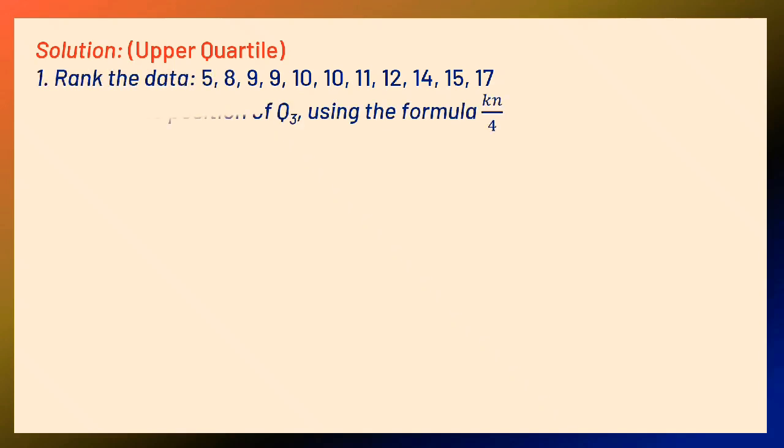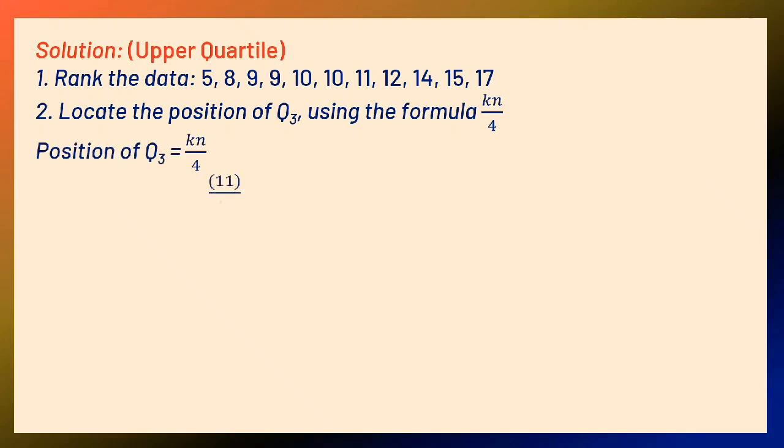And the final unknown in the problem is the upper quartile. We have ranked the data, and let's proceed to the second step and locate the position of quartile 3 using the formula k times n over 4. By substituting the values, we have k, which is equal to 3 times 11 divided by 4.